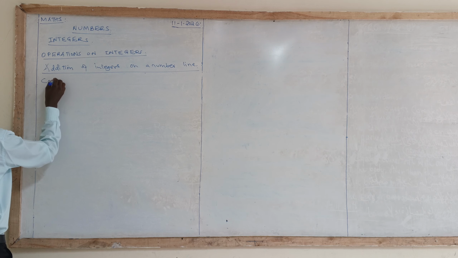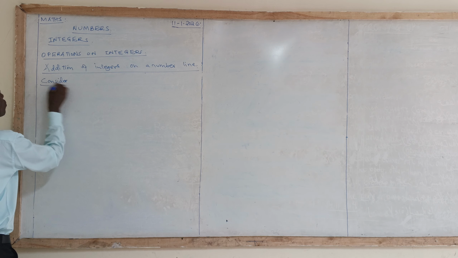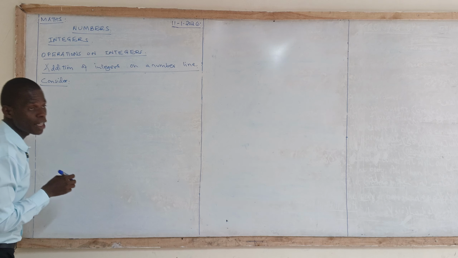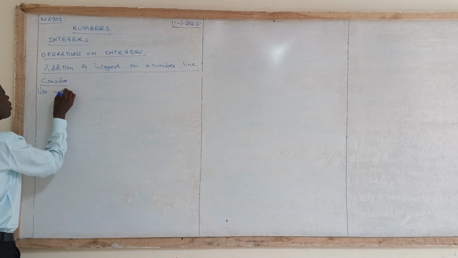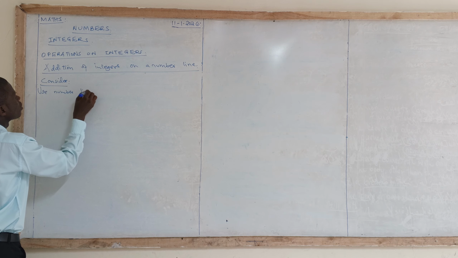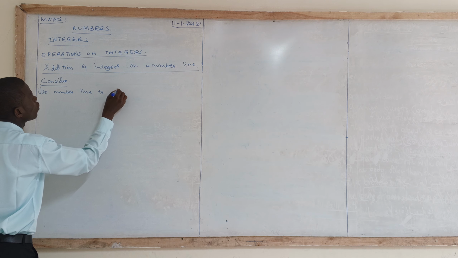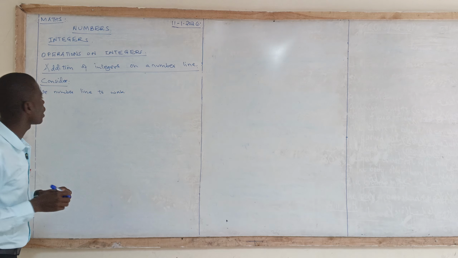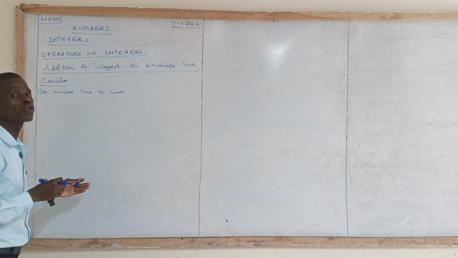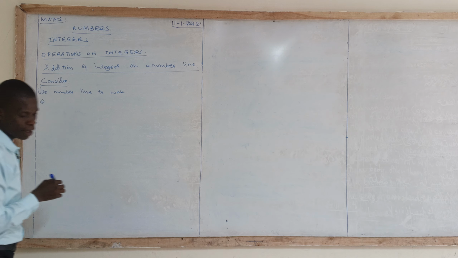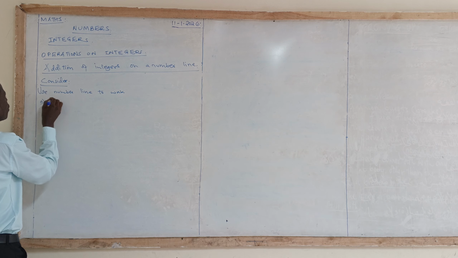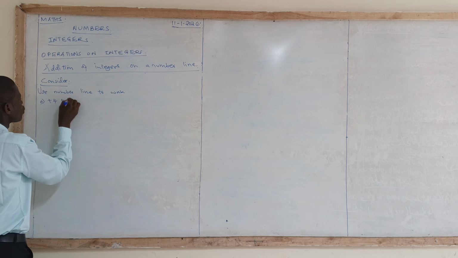Let us consider this. Use a number line to work out the following. Use number line to work out, meaning that we are using a number line now to work out: A, positive 4 plus 2.